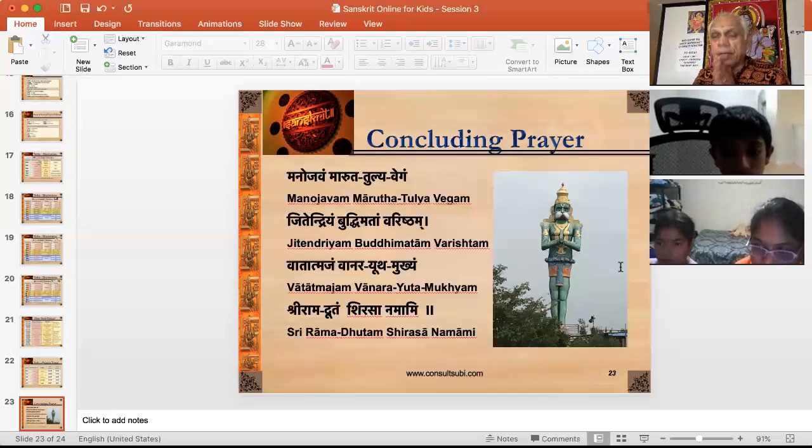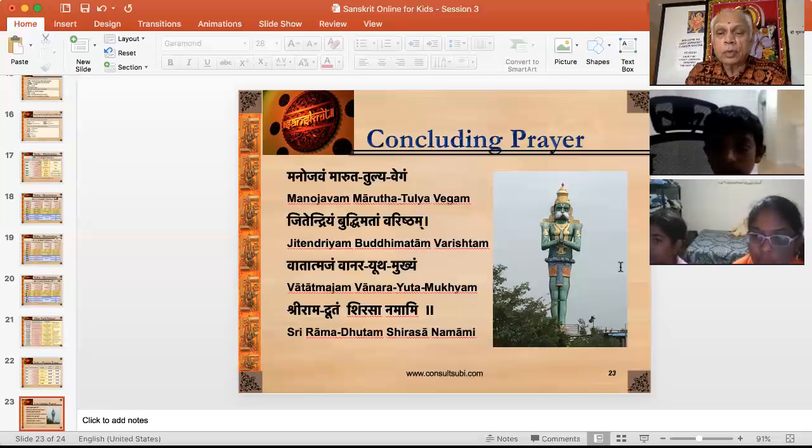I worship that Hanuman, the ambassador of Rama, whose speed is as fast as the mind or the wind, who has won over all his senses, who is the most intelligent, the son of Vayu, and the chief amongst monkeys. To such a Ramadutam Hanuman, I bow my head. Shirasa Namami. So that is a prayer.